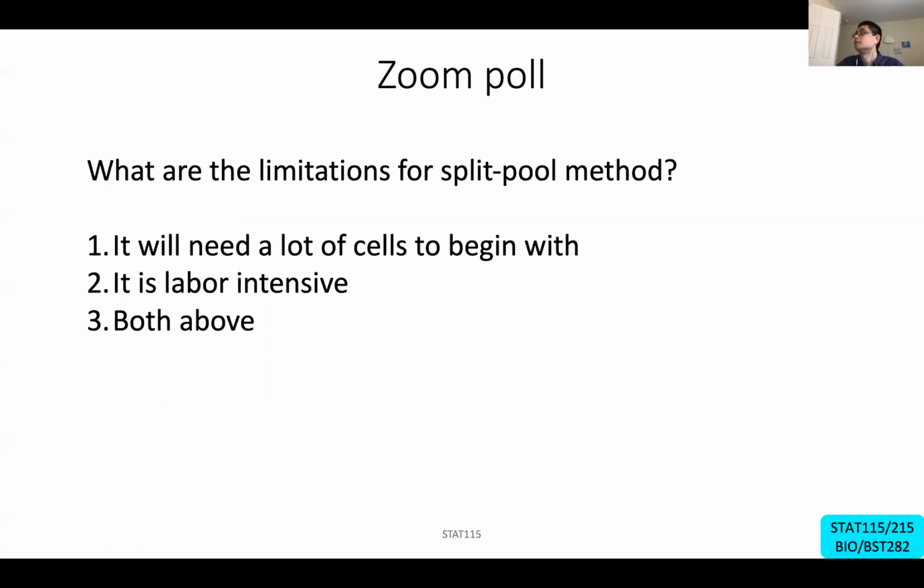And the other problem is that different barcodes actually can be from a single droplet. This is a paper published in 2019 by Caleb, who was our previous TA last year. Within a single droplet, you can have two beads which contain different cell barcodes, or you can have a single bead, but within that single bead you have two different barcodes.